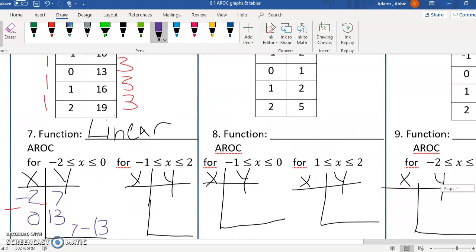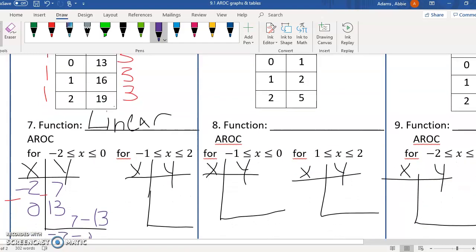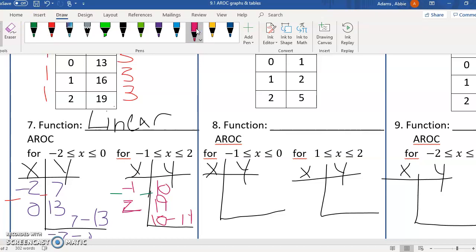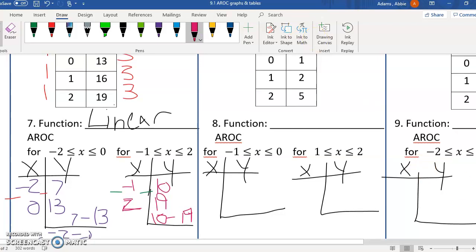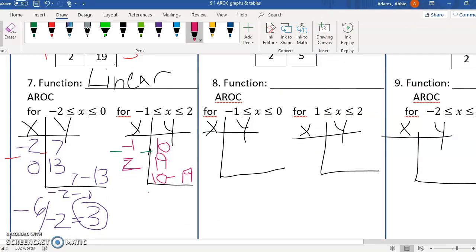Second interval, when x equals -1, y equals 10. And when x equals 2, y equals 19. And we're finding the differences here again. So let's slide that down. So we're going to have 10 minus 19 divided by the difference in our x values, which is -1 minus 2.